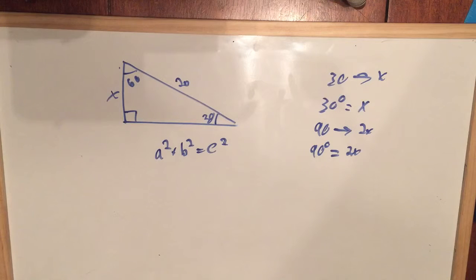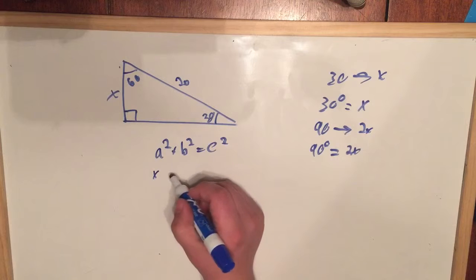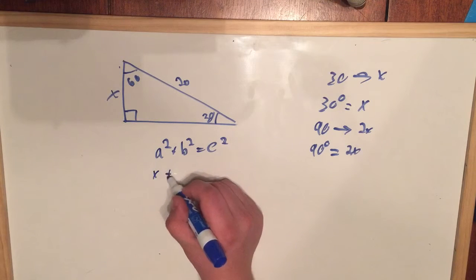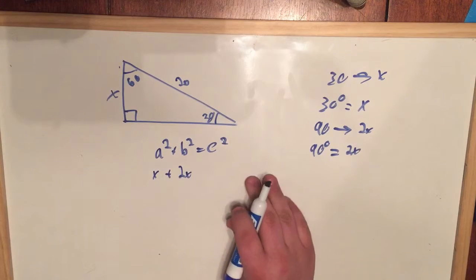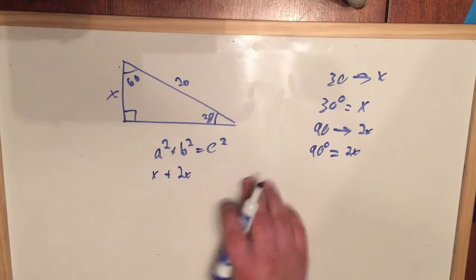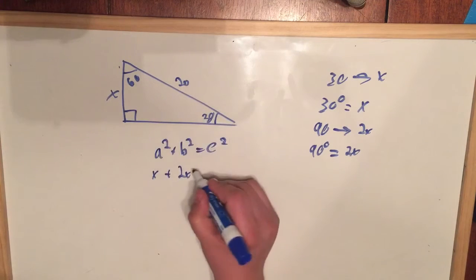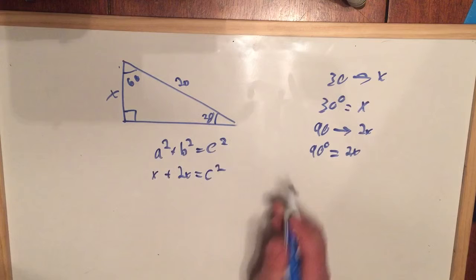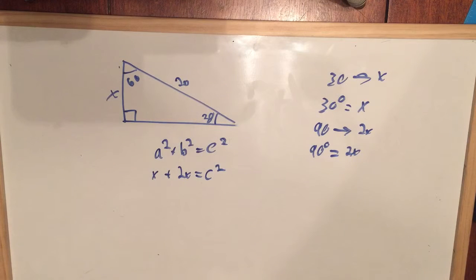So we're going to use one of our sides being x, and add that to 2x, right? Because we've got x and we've got 2x, and that's going to equal c squared. Now, since we don't know what c squared equals, we're just going to add these up.